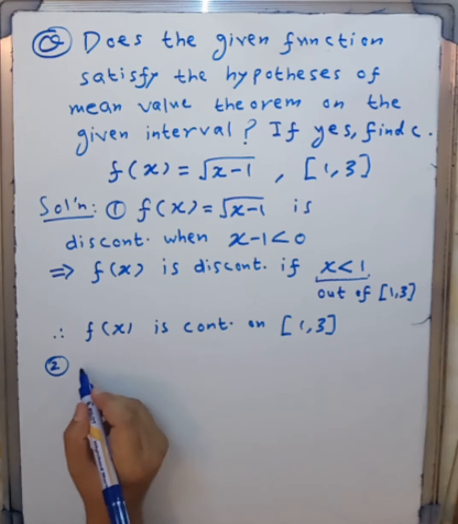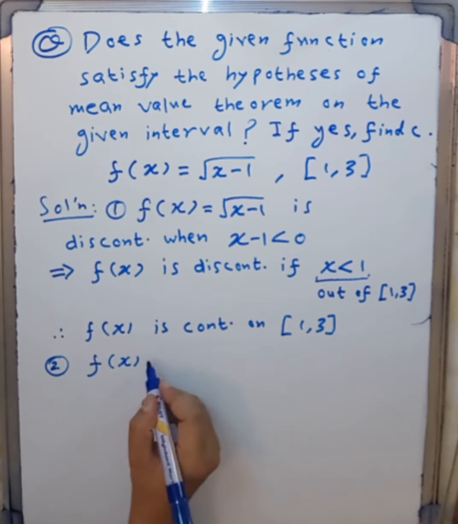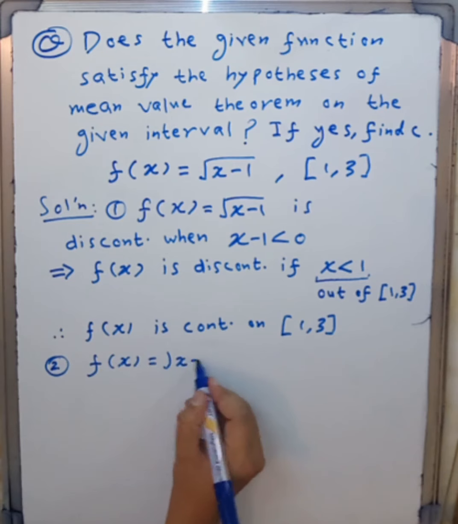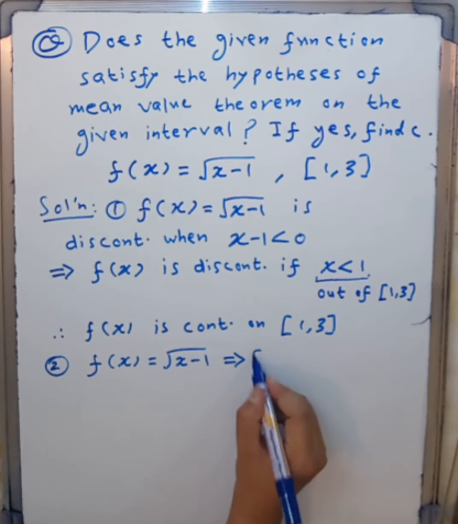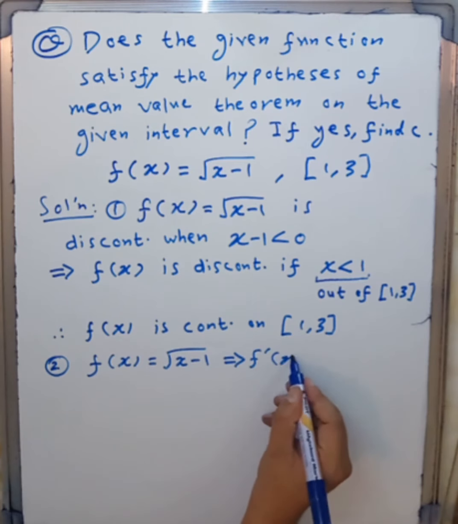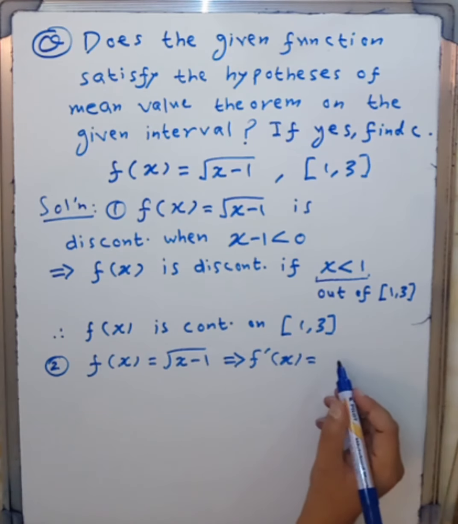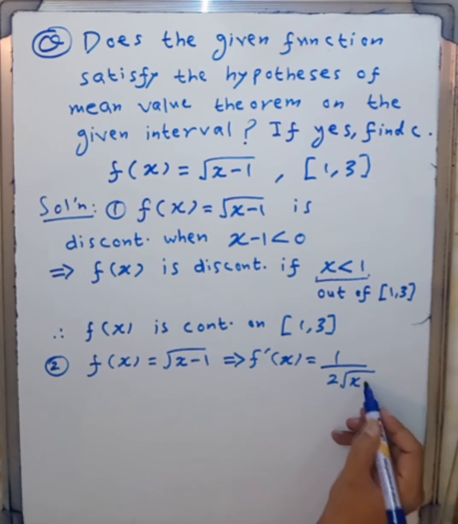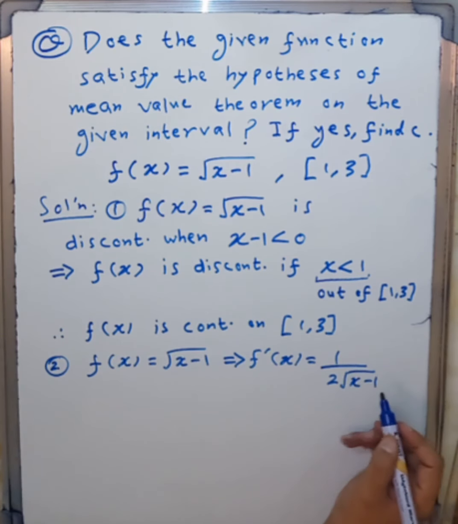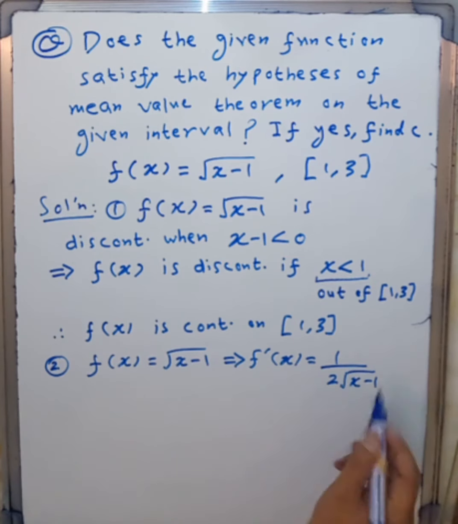Here the function f(x) is square root of x minus 1, and using chain rule we can say that f prime of x will be equal to 1 by 2 square root of x minus 1 multiplied by 1, so that will remain the same.